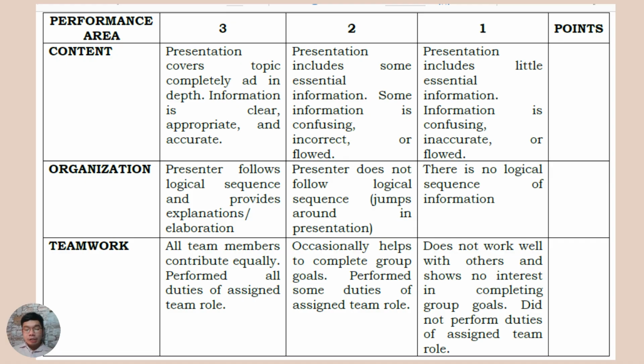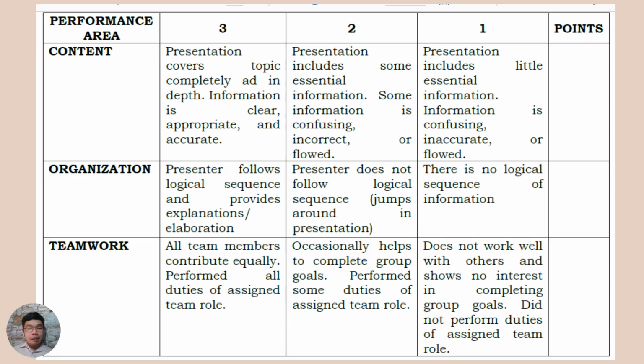The next criteria is organization. 3 points if presenter follows logical sequence and provides explanation or elaboration. 2 points if presenter does not follow logical sequence, jumps around in presentation. And 1 point if there is no logical sequence of information.